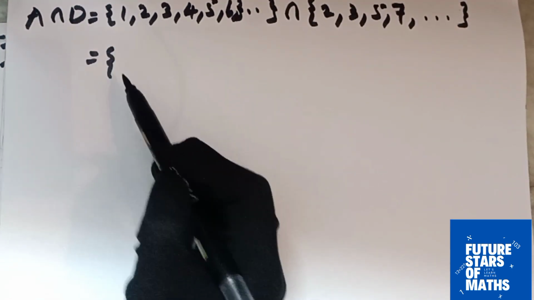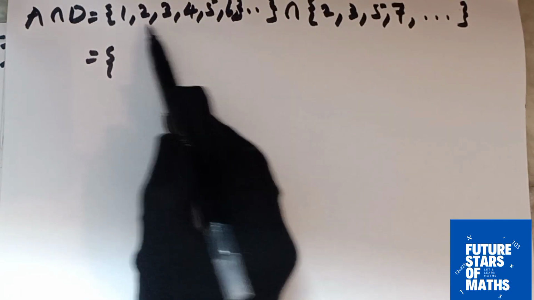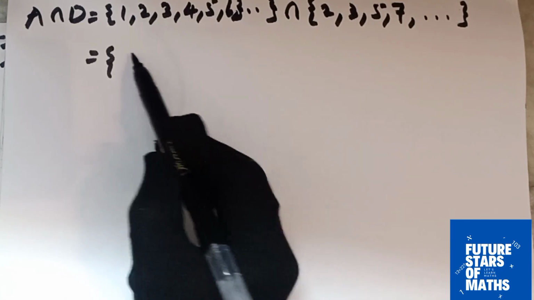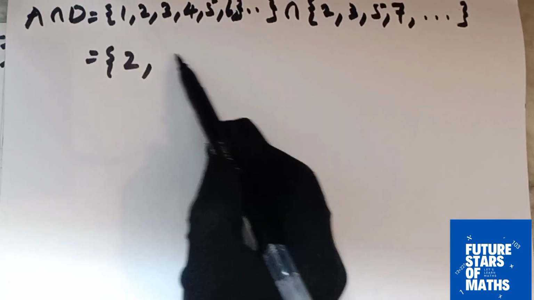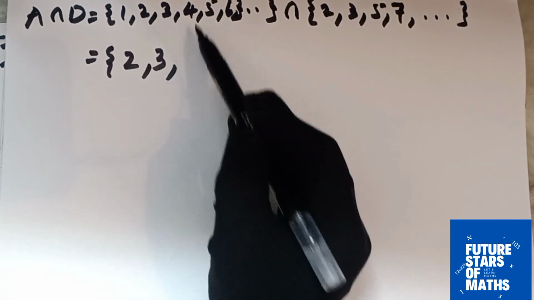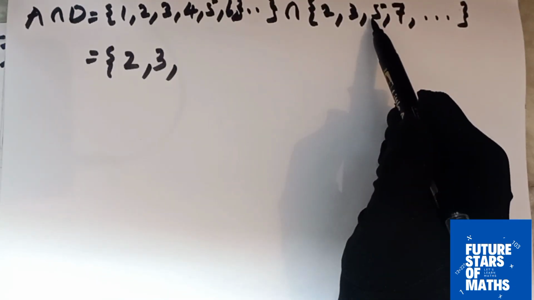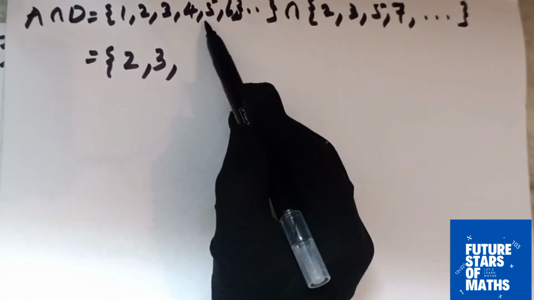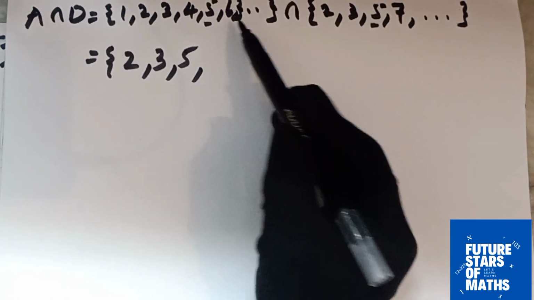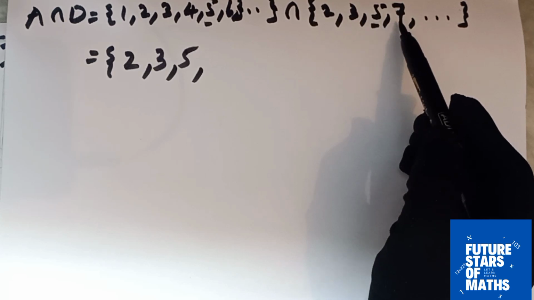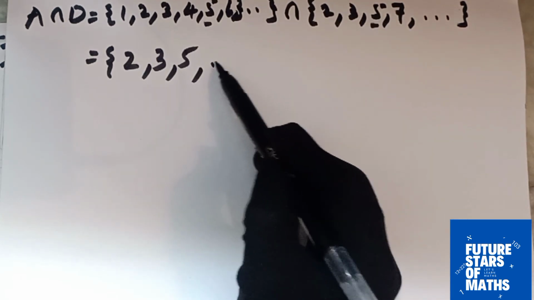So what are the elements which are common? 1 we have here, we don't have 1 here. The next element is 2. We have 2 on both sides. 3, here also we have, here also we have. So we'll write 3. 4 we don't have in the second set, so we'll not write 4. Now here we have 5, here also 5. So we'll write 5. 6 we have here, but here we don't have. And so on.